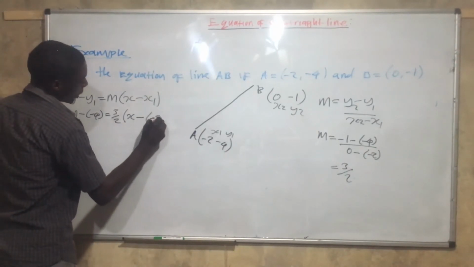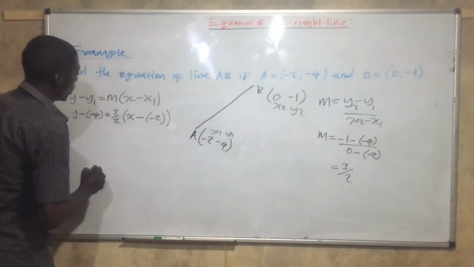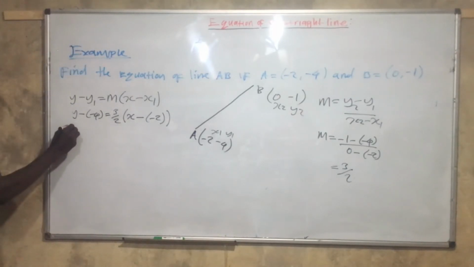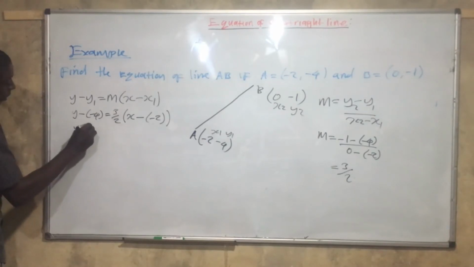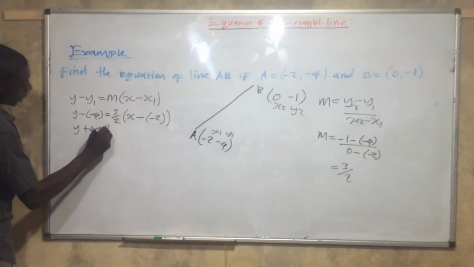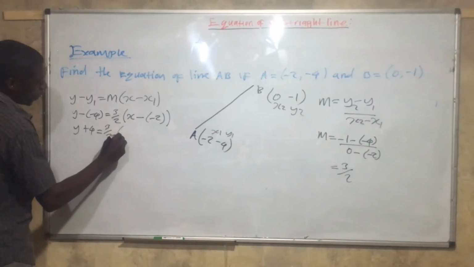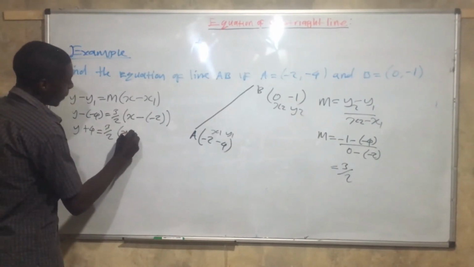So it will be x minus -2 like that. Now we solve: negative multiplied by negative is positive, so y plus 4 is equal to 3/2 open bracket x plus 2.